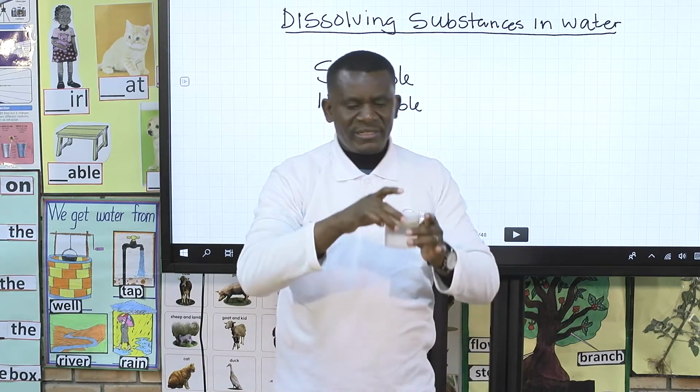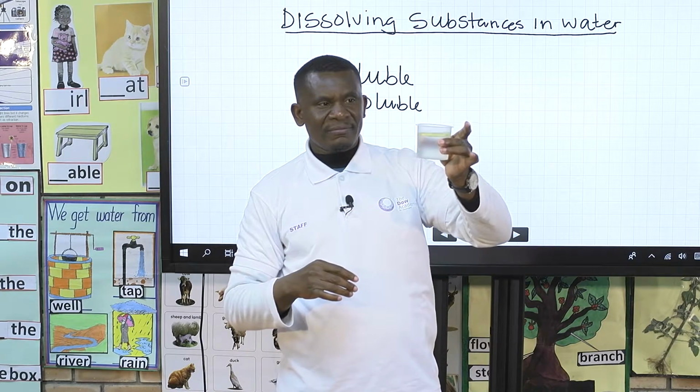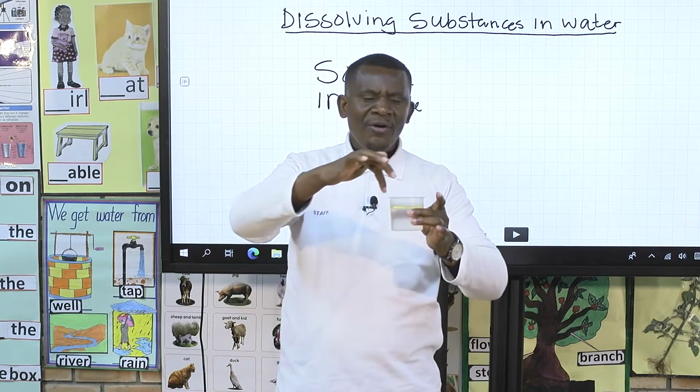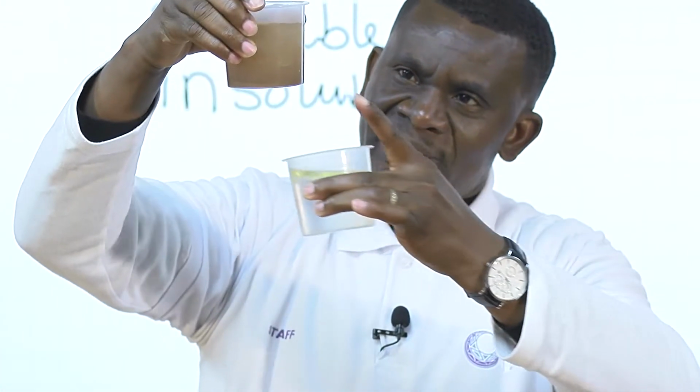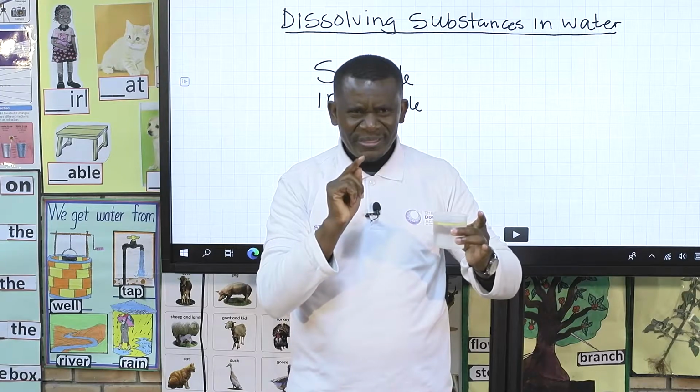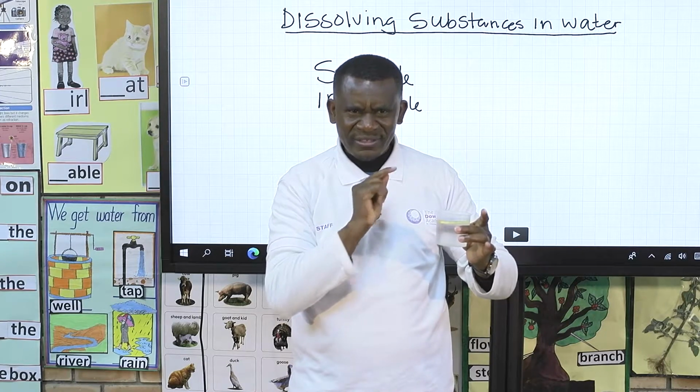When we look at the cooking oil, unlike the soil that has settled down, the cooking oil has come on top. What do you think could be the reason?